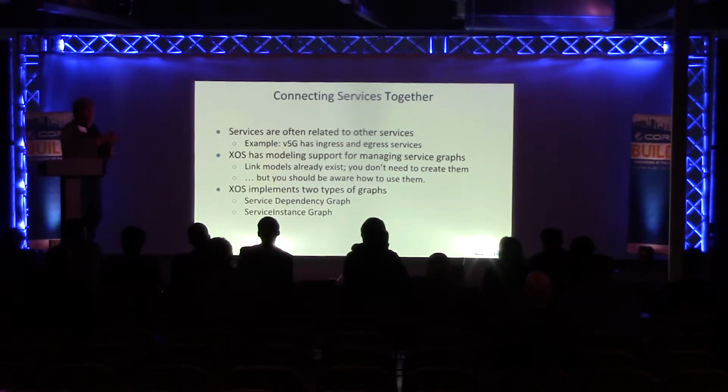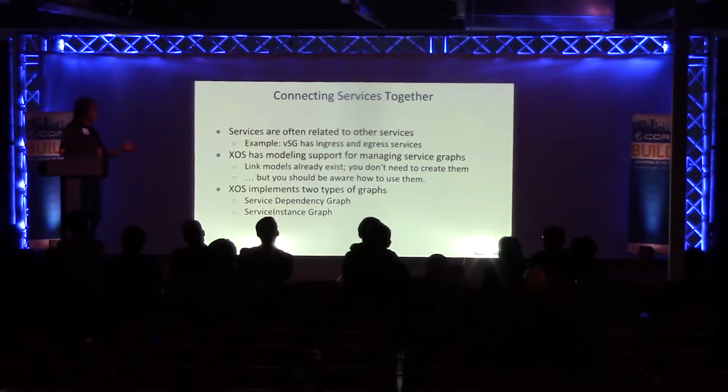So, connecting services together. Services are often related to other services. For example, we've been talking about the VSG, and the VSG will usually have both an ingress and an egress: a way of getting traffic from the subscriber into the VSG and a way of getting traffic out of the VSG onto the internet.